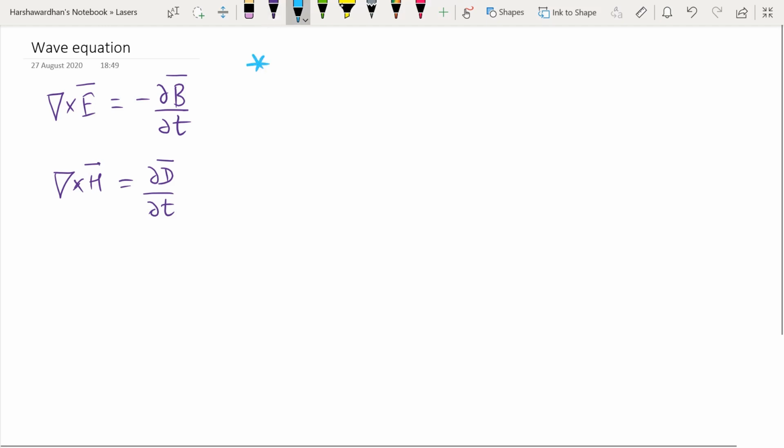So the first approximation I'm making is we are in a source free region. That is my rho free, which is free charge density, and J free, which is my free current density. Both of these quantities are zero. This is the first approximation.